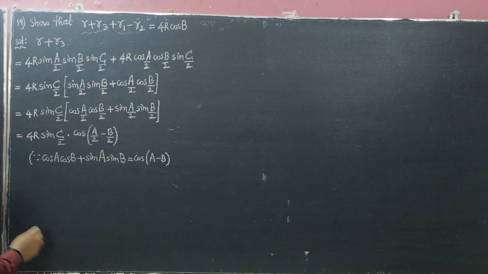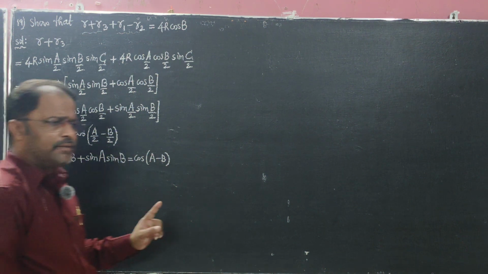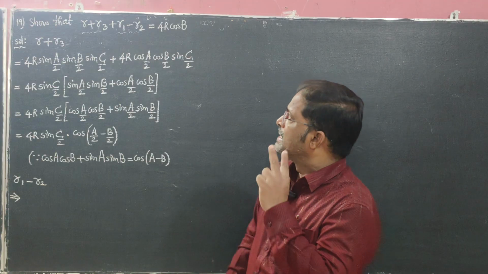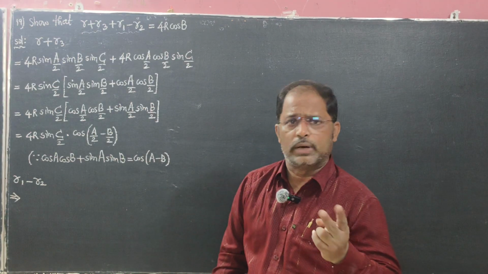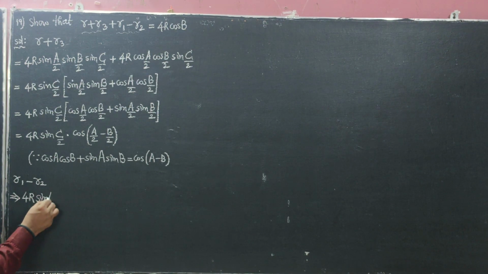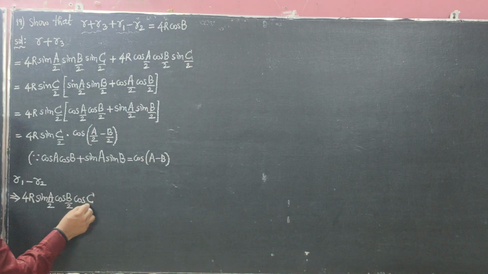Next one, R1 minus R2, clear. So R1 minus R2: R1 means 4R compulsory, first one sin, remaining two cos, means B term is cos and C term also cos.